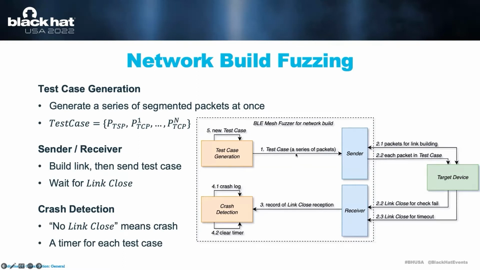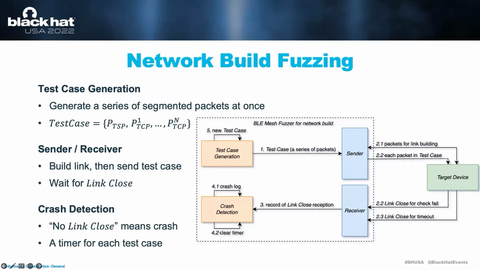Here is an overview of the network build fuzzer. For the fuzzing process, there are several necessary things to do. We need to generate test cases, send them to the target device, and monitor the response from the target device to detect crashes. So BLE Mesh Fuzzer also follows this framework.